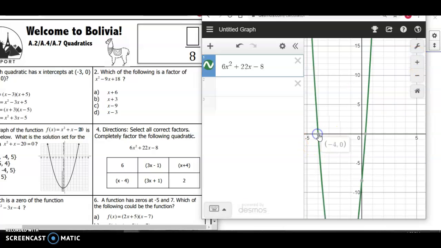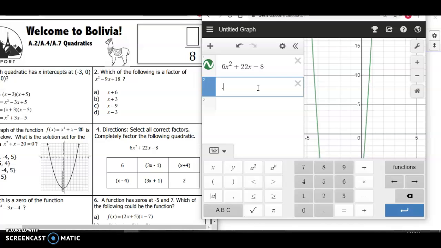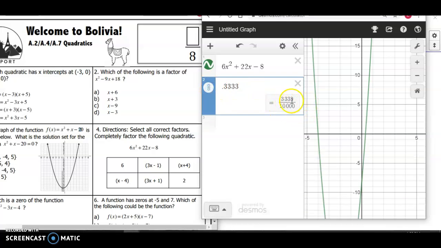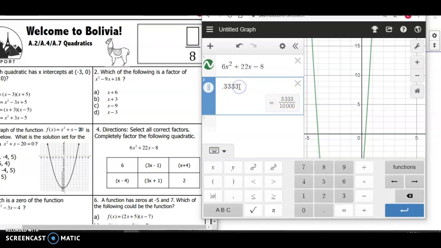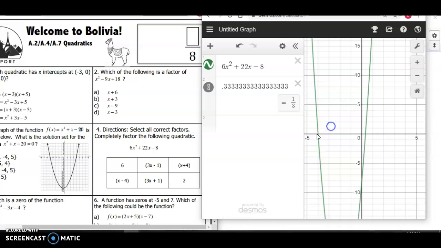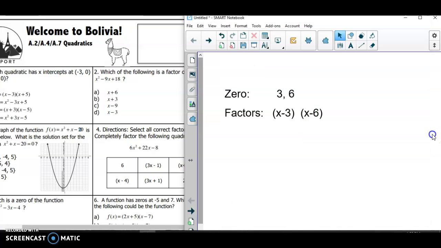My zeros are -4 and 0.333 repeating. We need to keep adding some 3's until it looks like something we have used before. So my zeros are -4 and +1/3.